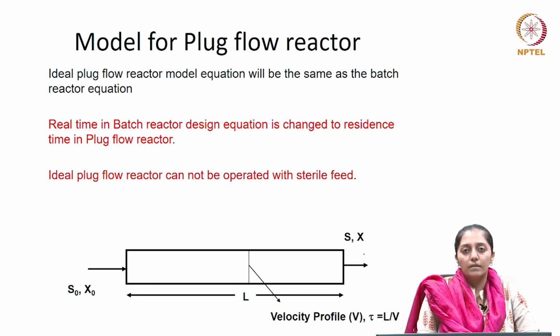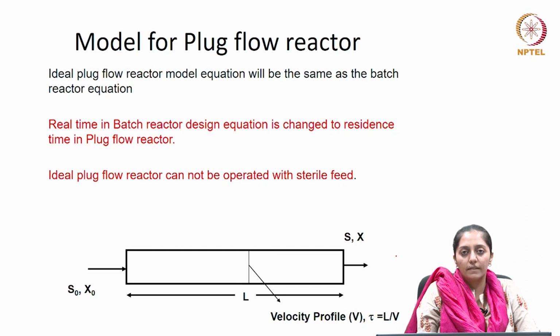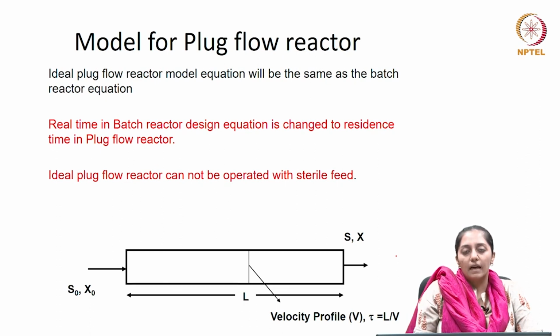The outgoing substrate concentration is represented as S, and the biomass, due to growth from substrate consumption, has changed from X0 to X. So it is an ideal plug flow reactor. If L is the length of the tubular reactor and V is the linear velocity, then the residence time can be calculated as L by V.